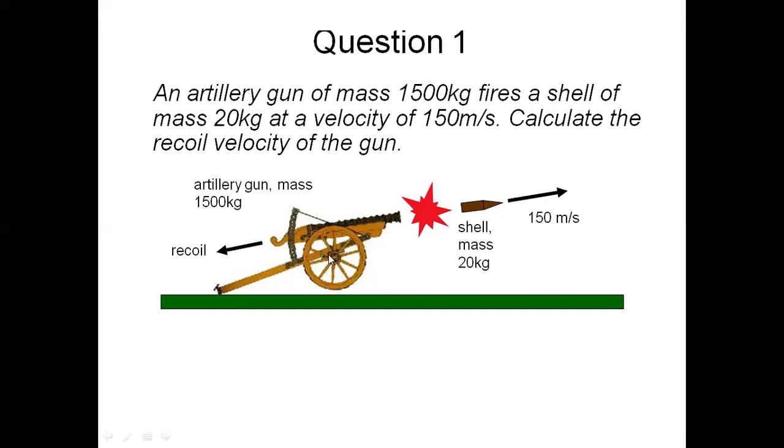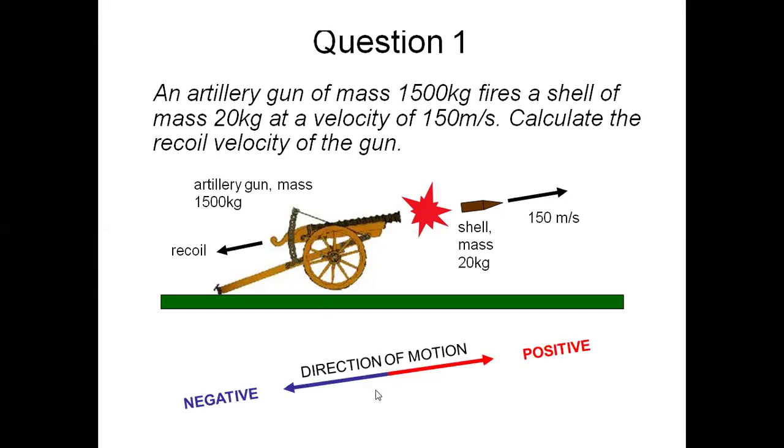If the shell's velocity is taken positive, towards the right side, then the gun's velocity will be negative, towards the left side. So total momentum before and after the explosion is 0.